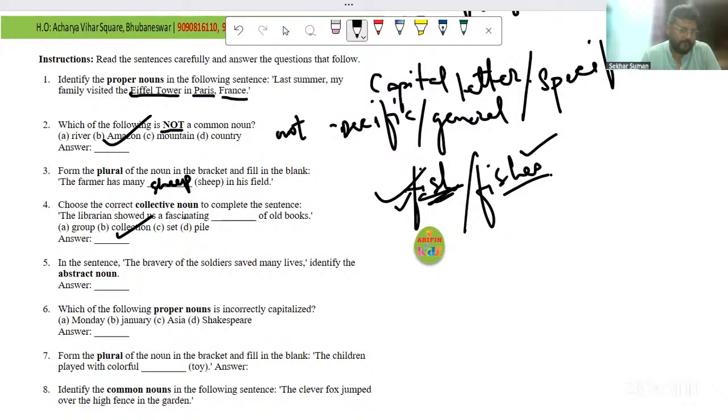But since we are having the word fascinating over here, we are supposed to use a fascinating collection of books. That fascination is about the different sets of collections of old books that makes it fascinating, right?